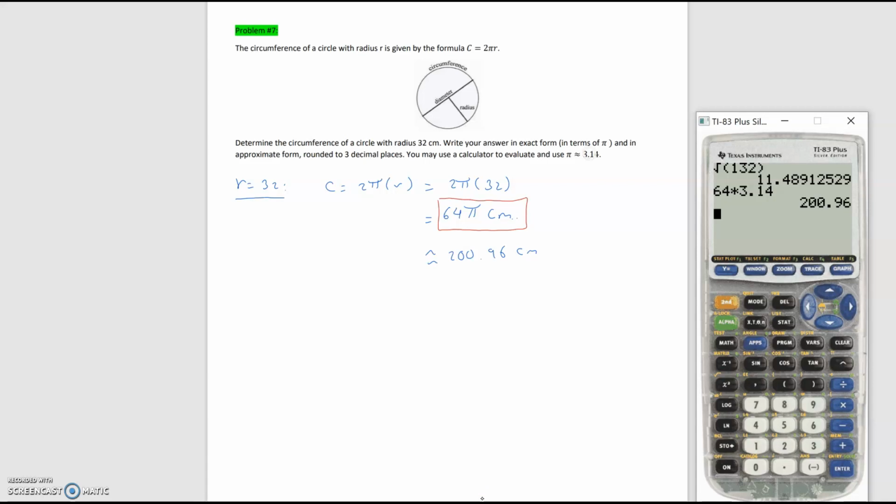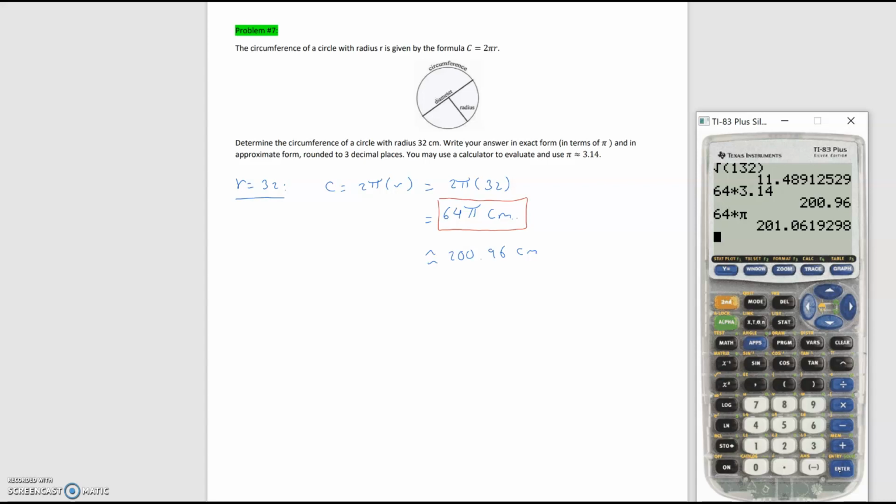going to carry more than just 2 decimals. And for some of the problems in the software, they may want you to use the pi digit. So in that case, 64 times the value of pi gets activated in this format.